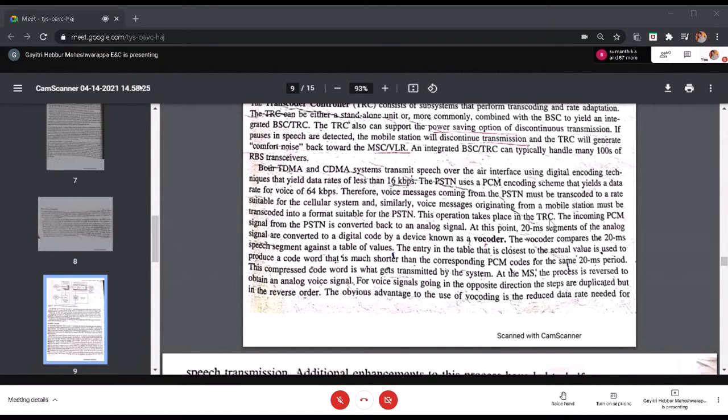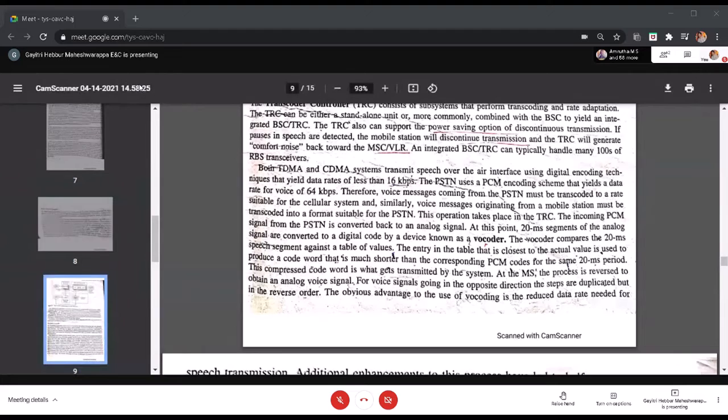I will explain this in voice speech signal processing, how exactly speech is processed for mobile communication, and how the 20 millisecond segment of voice is converted into digital. For now, just understand that the function of a TRC is rate adaptation and vocoding.